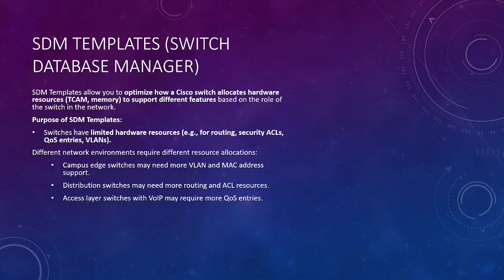Consider you are in the access layer switch, where you will have data and also voice calls going. For those you need more VLANs as well as QoS entries. So using the SDM templates, you can optimize the switch to support your specific deployment requirements.